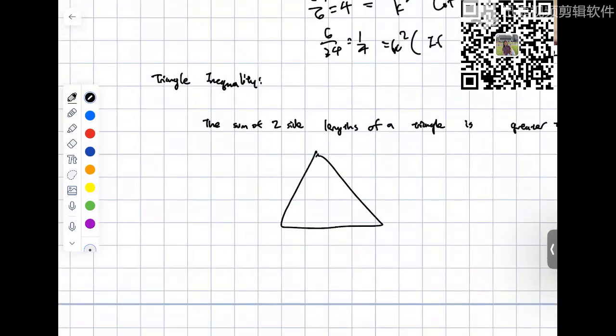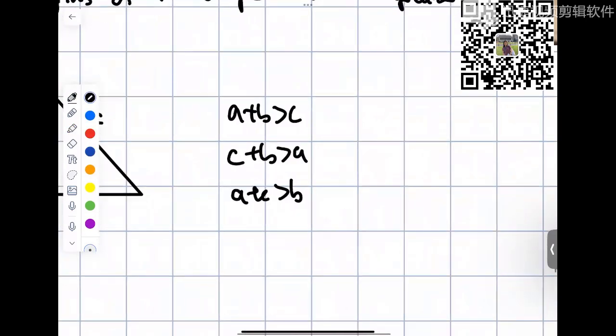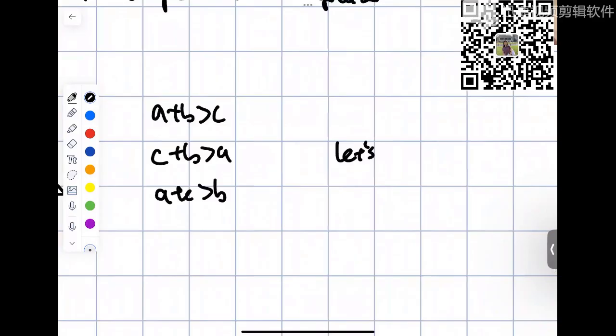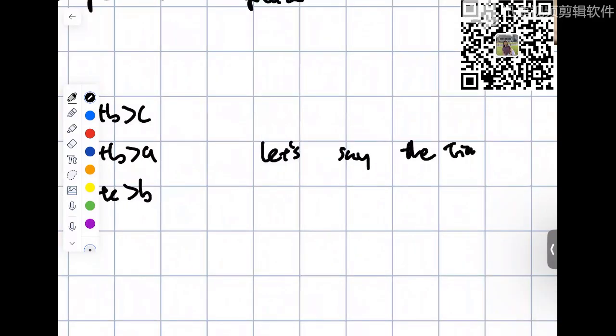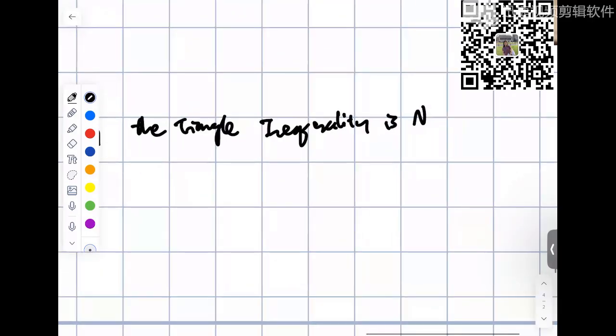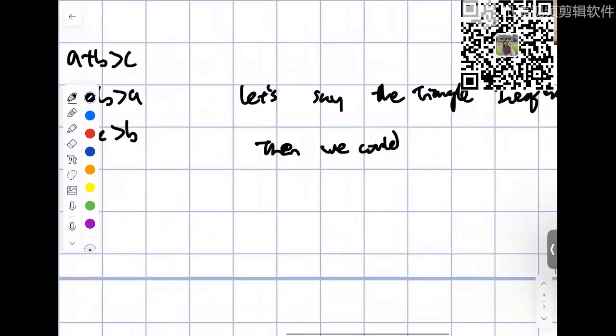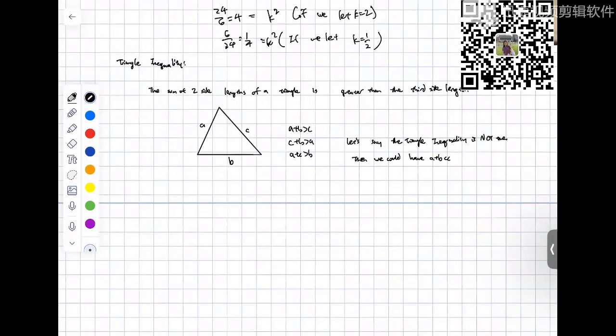In other words, let's say you have this triangle with sides A, B, C. You could say A plus B is greater than C, C plus B is greater than A, and A plus C is greater than B. Does this make sense just when you look at it? For example, that A plus C is greater than B. Because if it's not, and Sean, this is another example of using a counterexample, if the triangle inequality is not true, then we could have A plus B less than C, but this would create a really weird triangle.